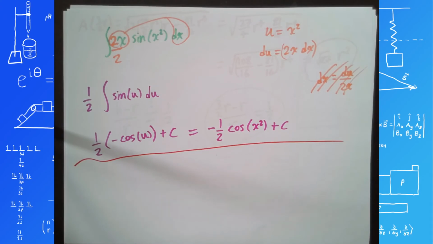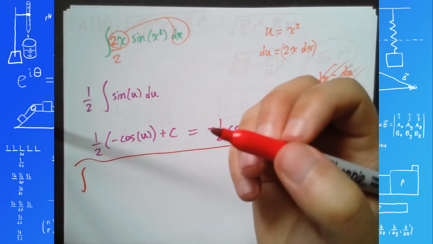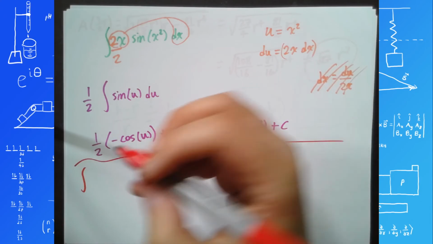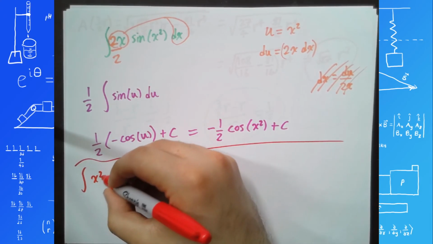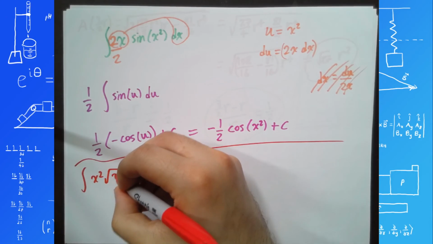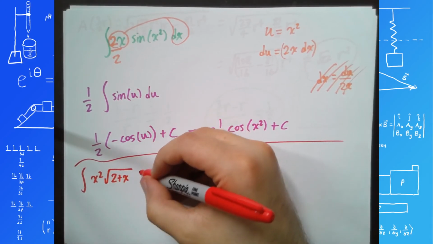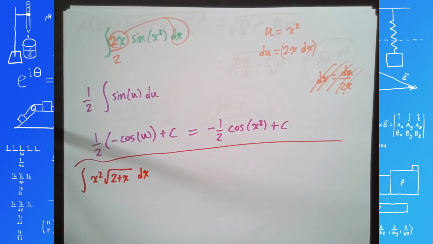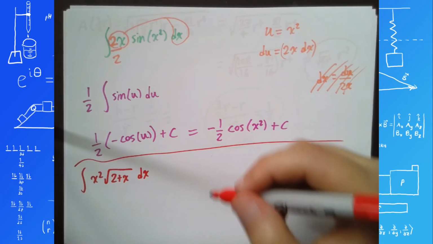We've got the integral of x squared times the square root of 2 plus x dx. Yeah, this is one of those cases.